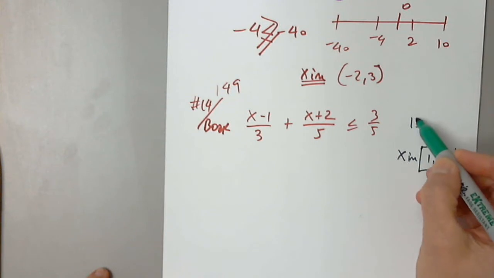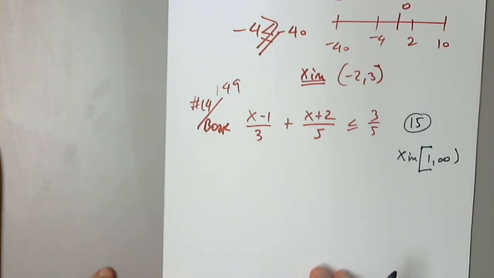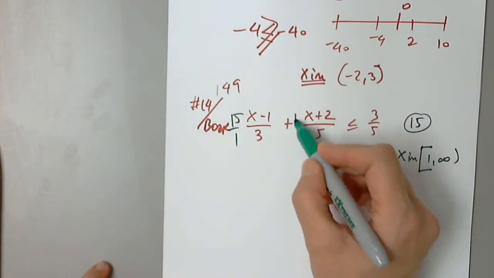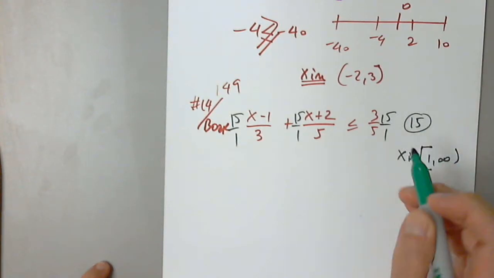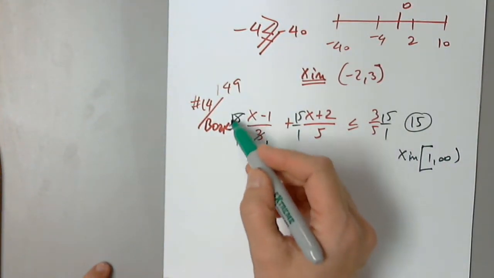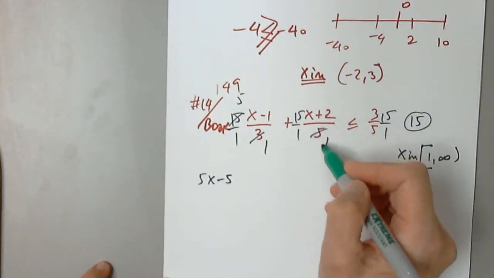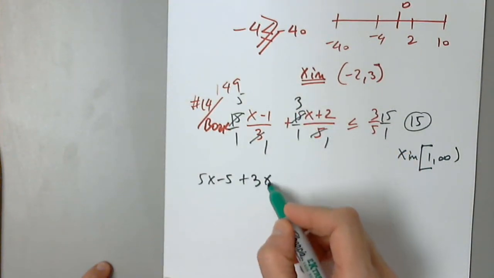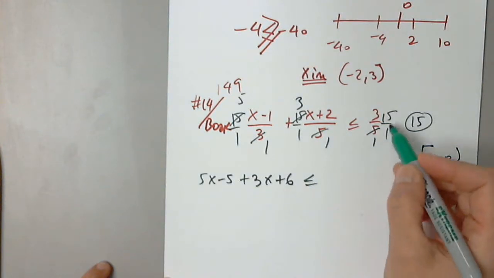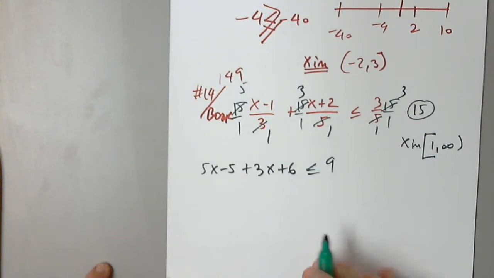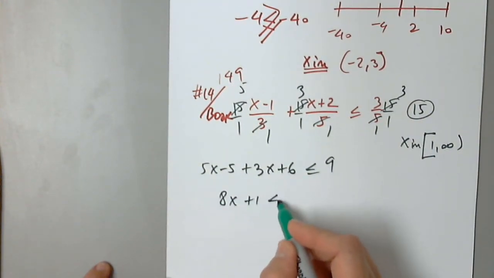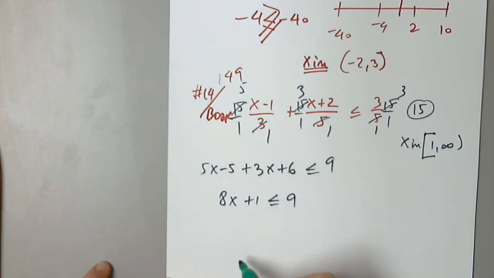So we are multiplying everything by 15. That's the least common denominator. 15 over 1, 15 over 1, 15 over 1. I'll simplify. So I get 5x minus 5. I'll simplify, and I get 3x plus 6. And I'll simplify, and I'll get 9. So this is 8x plus 1 less than or equal to 9. 8x less than or equal to 8.